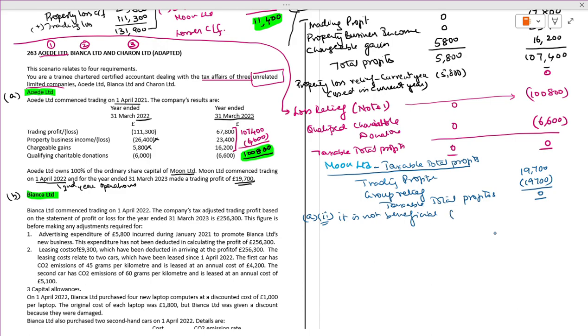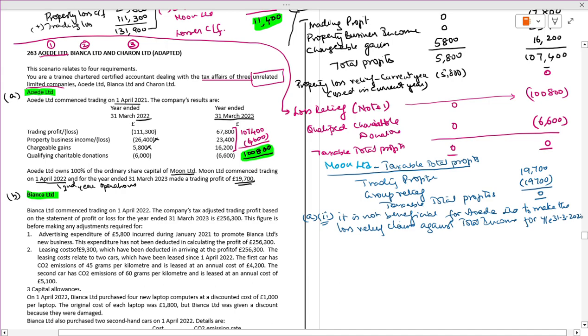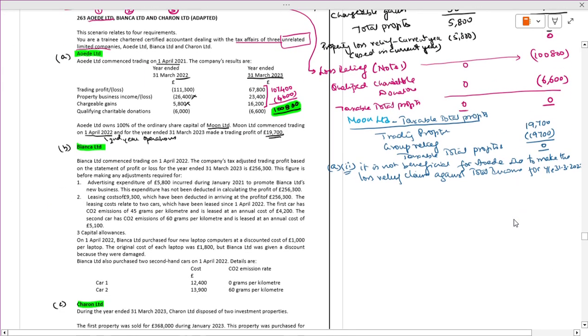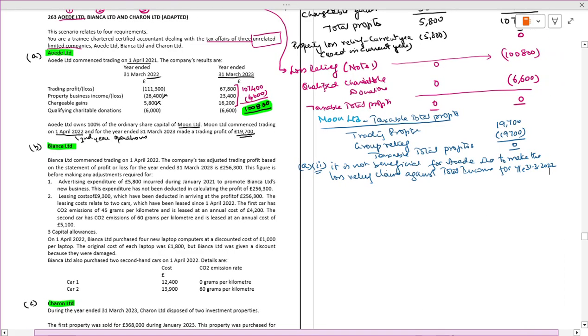It is not beneficial, we have to write it, for Aoede Limited to make the loss relief claim against total income for the year ended 31st March 2022.